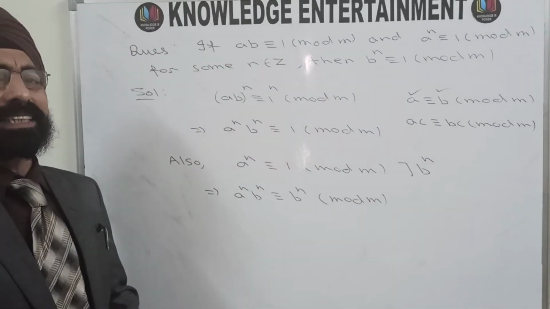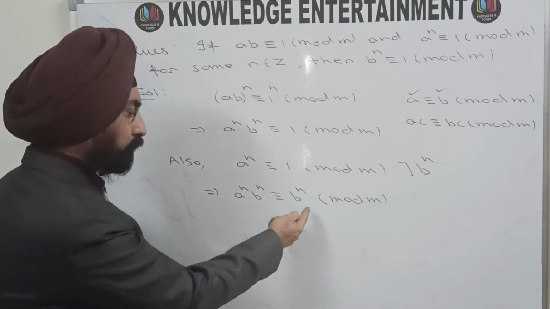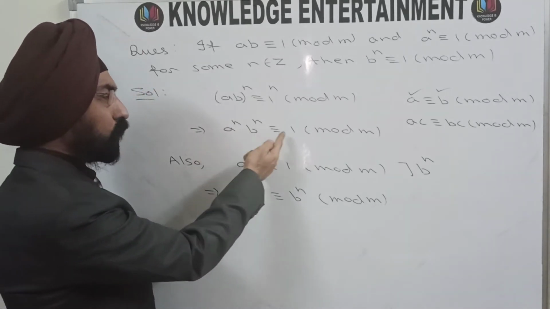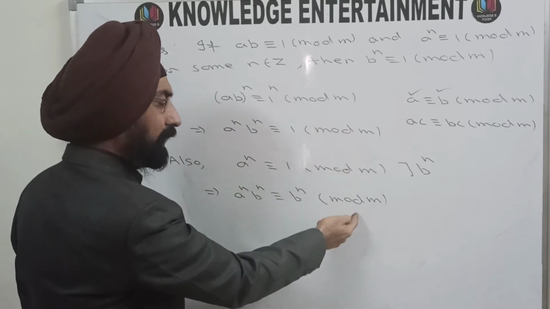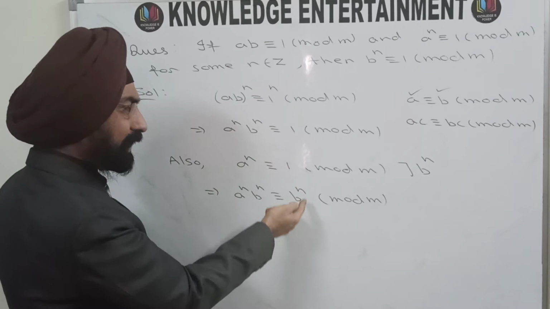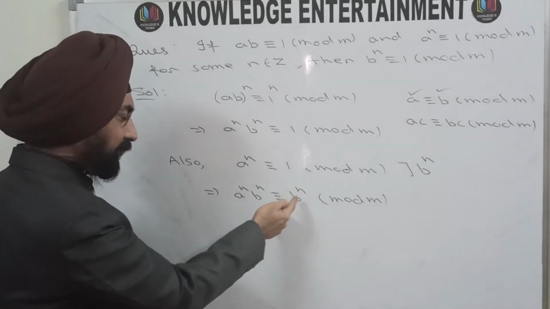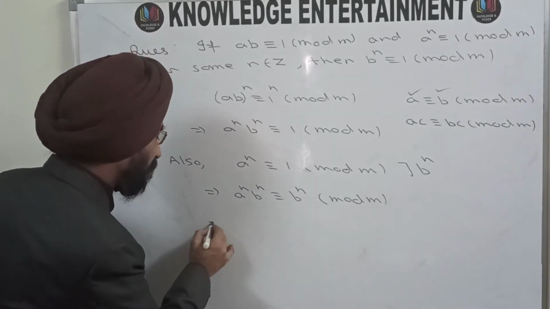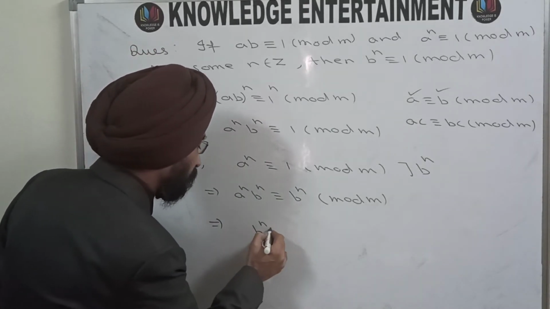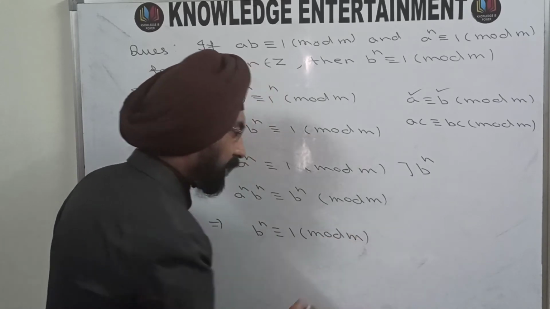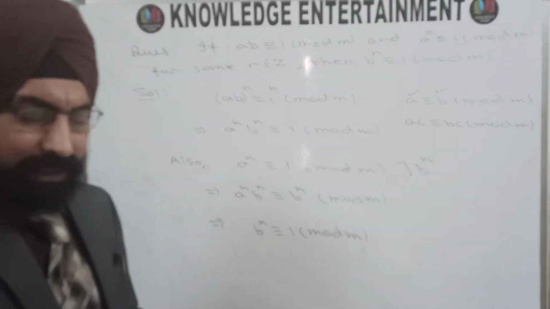Now read it as I am reading it. b power n is congruent to a power n b power n, and a power n b power n is congruent to 1 by the same modulo m. If a is congruent to b and b is congruent to c, then a is congruent to c. By using transitivity, you can say b power n is congruent to 1 modulo m, and that is the required result to be proved in this case.